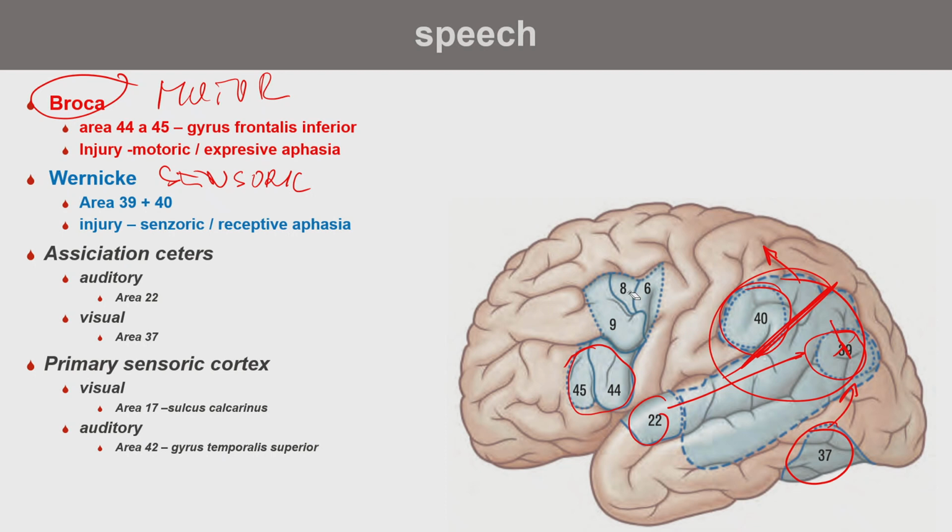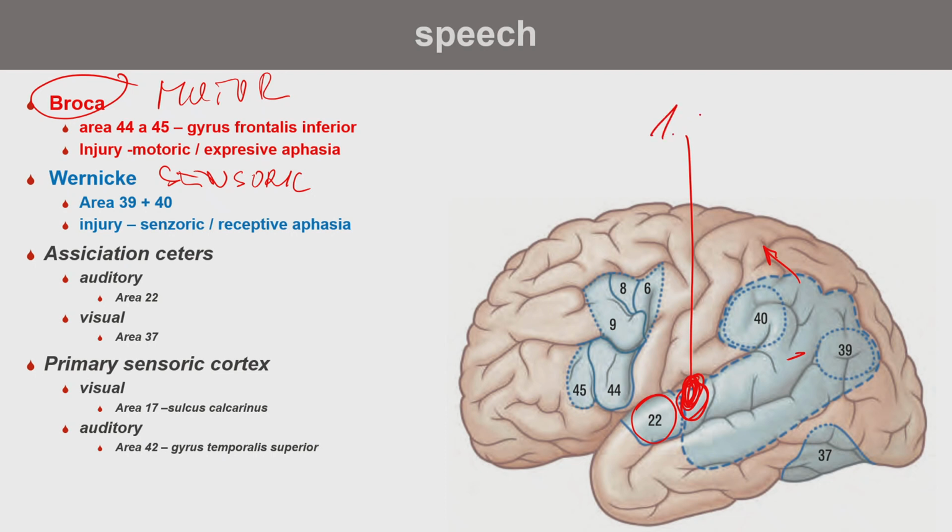The auditory association is typically area 22, you can see it here. Nearby is the primary cortex, somewhere here is the primary auditory. And there's the visual.